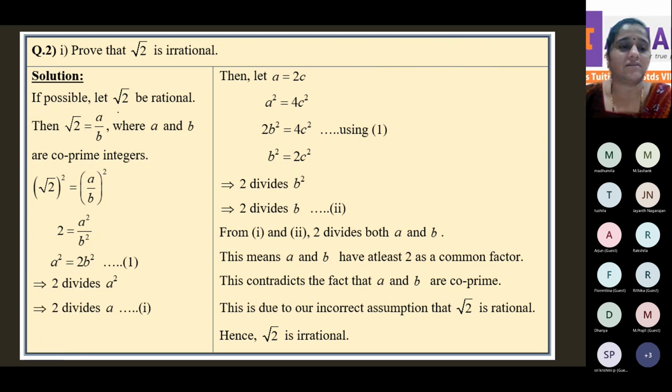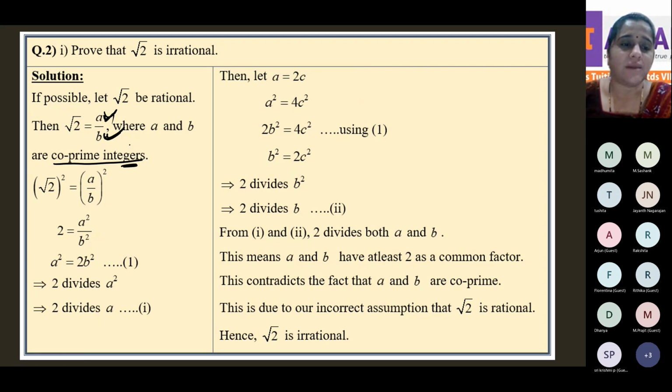See, everything is here. What are a and b? They are integers. Co-prime integers, meaning a and b are integers, and their HCF is 1. That means they cannot be simplified any further.